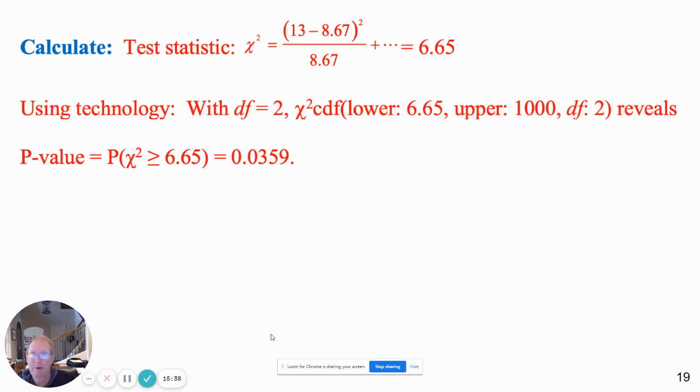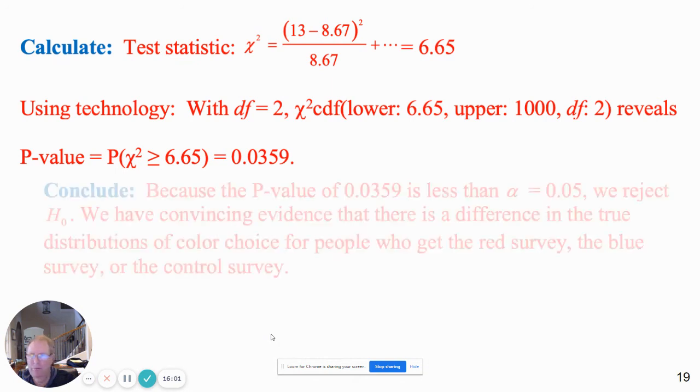Your lower boundary is the chi-squared statistic of 6.65. Your upper boundary is some arbitrarily large number. We have 2 degrees of freedom, and that reveals a p-value of 0.0359. So our probability of getting a calculated chi-squared statistic greater than 6.65 is 0.0359.